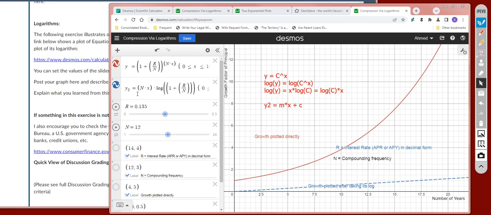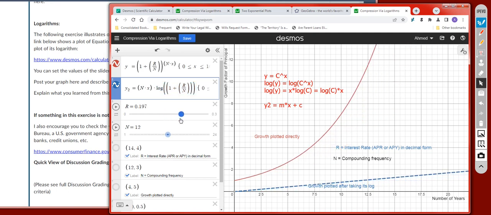Because remember, looking at the form of this equation, and here you can see that this entire term, multiplied by n, of course, corresponds to the slope of the equation. And recall that r was the interest rate in it. So now the interest rate information has been buried into this bit about the slope of the line. So it's a little bit more obvious that as the interest rate increases, we can see it here, that the slope will also increase.